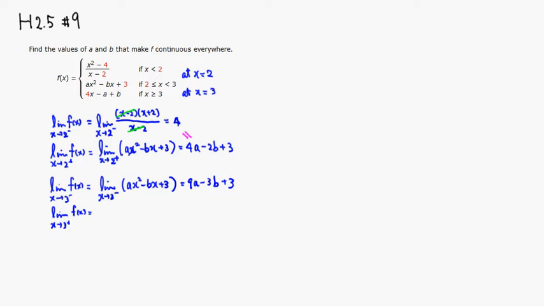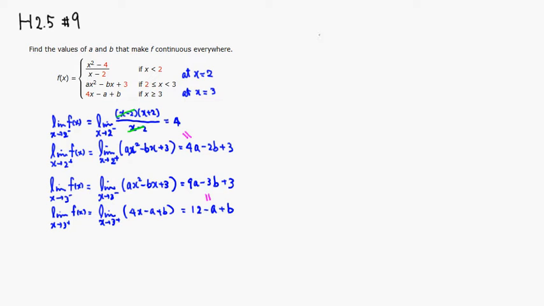If x approaches 3 from the right, x is bigger than 3, so we have to use the last formula, the bottom formula, which is 4x minus a plus b. So 3 times 4, 12 minus a plus b. Then again, the limit has to exist at 3, so the left-hand limit and the right-hand limit have to agree with each other. Alright, so we have a couple of equations.